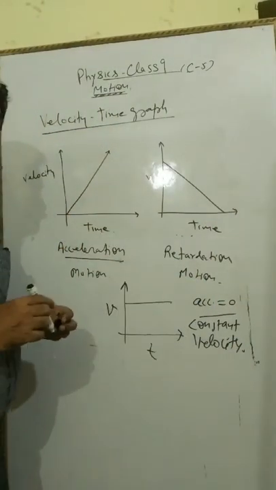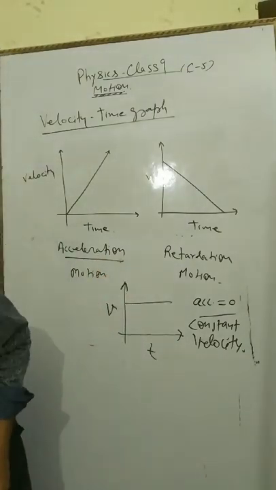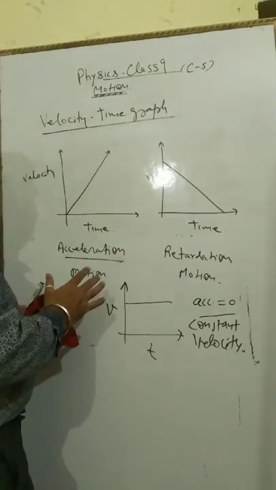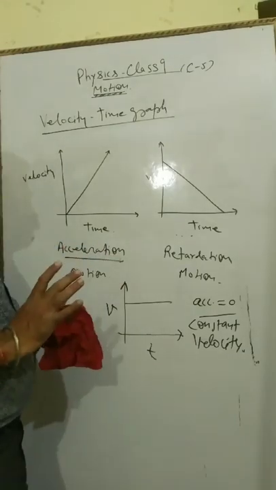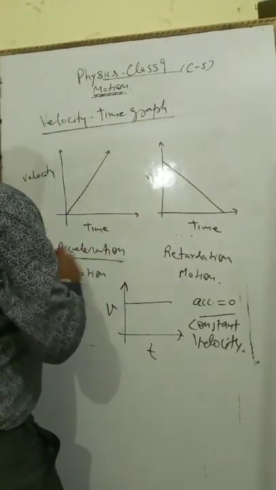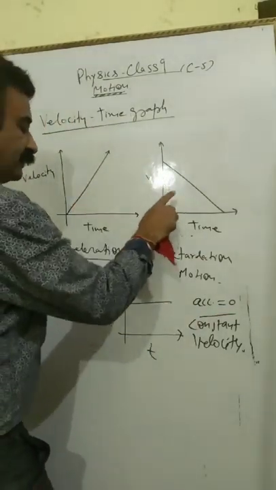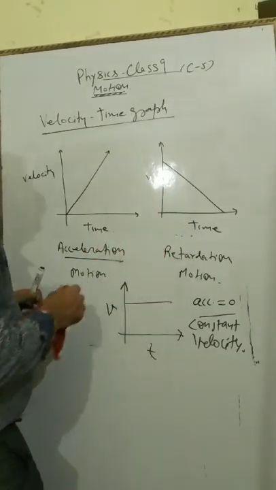So you have three types of graph. In class 9, we will study uniform acceleration or uniform retardation, so we have straight lines. We will not study graphs where curves are there.